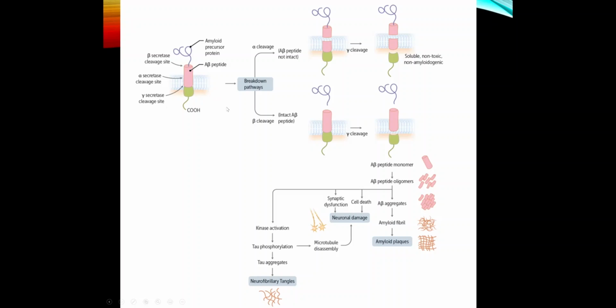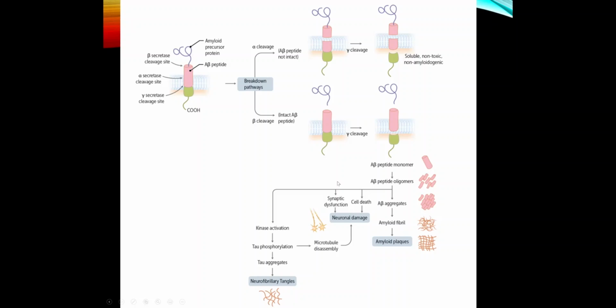But if instead we have initial beta cleavage here, notice that we now have an intact amyloid beta peptide. And now we have the gamma cleavage, so again an intact amyloid beta peptide. And so when it aggregates, especially these amyloid beta aggregates right here, this is what is especially toxic, and this is how we get our amyloid plaques.